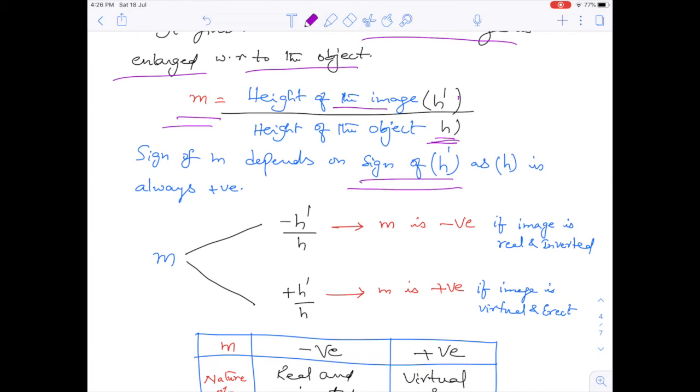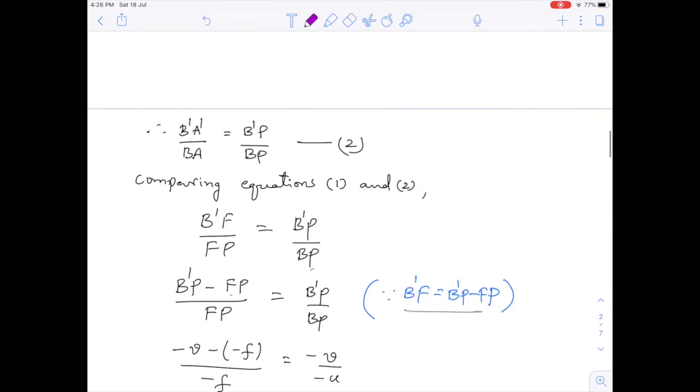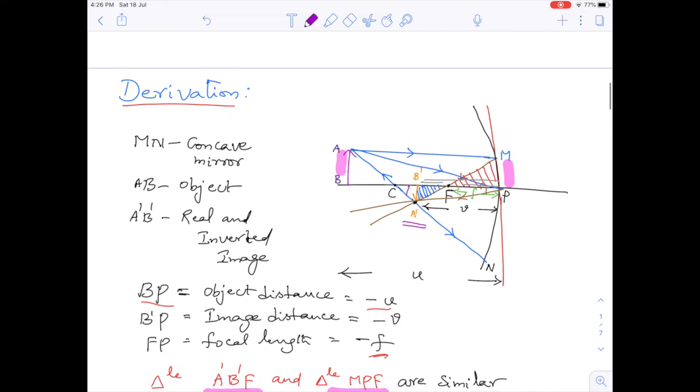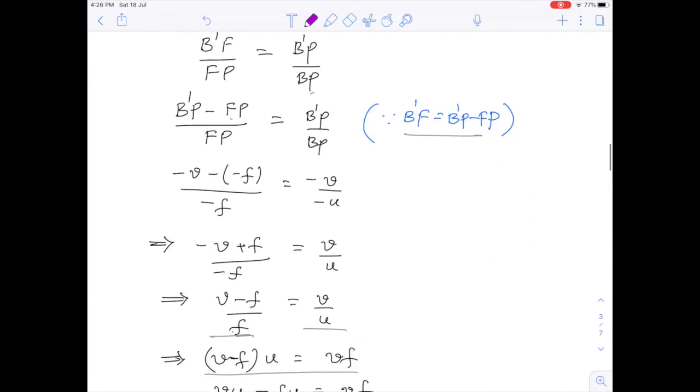Now, h dash, if the image is real and inverted, look at this. If this is the real and inverted image, image is formed on the same side as that of the object, and image is below the principal axis, and image is in front of the mirror. Therefore, h dash is negative.